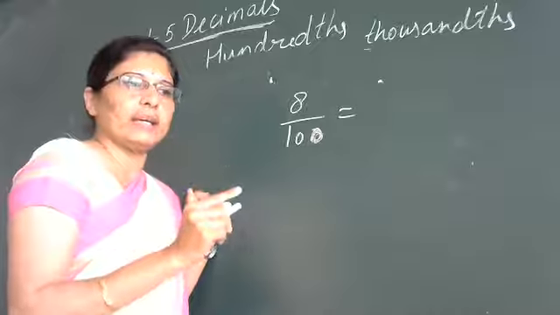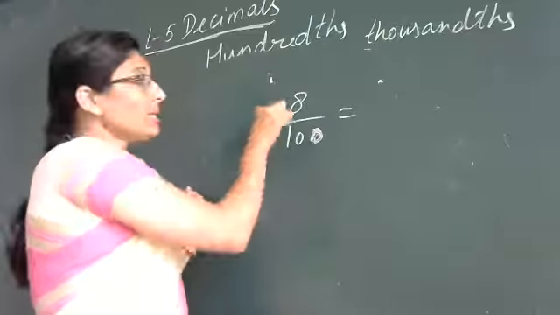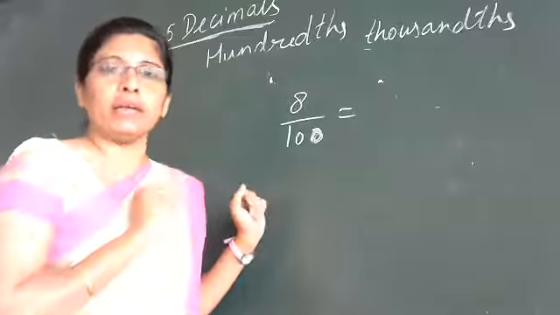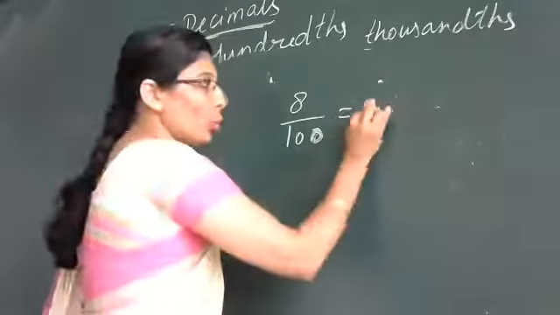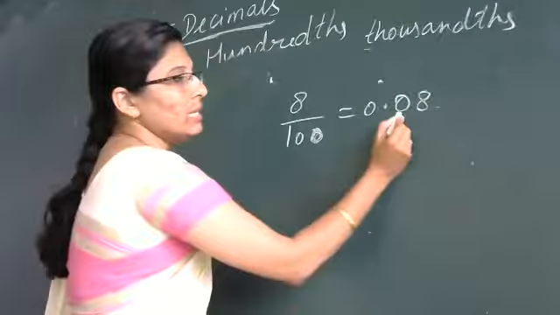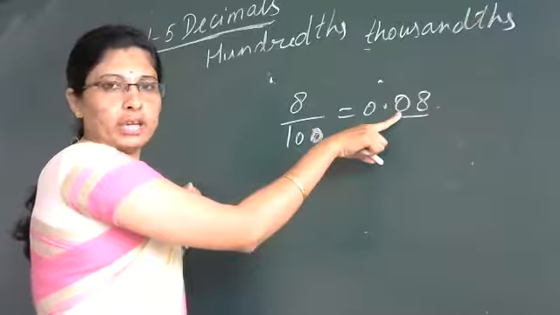Correct it is, but listen. Here, whenever 100 is there, 2 digits should be there, but here only 1 digit is given. So what we have to do? We have to write 0.08. Means here 2 digits should be there. So we have to put 0 in front.